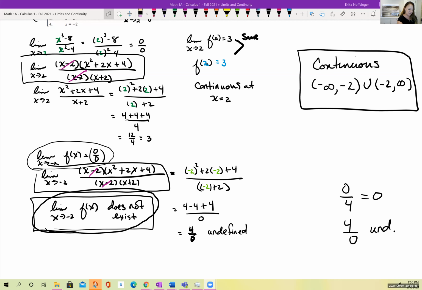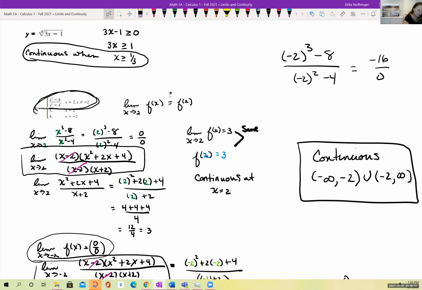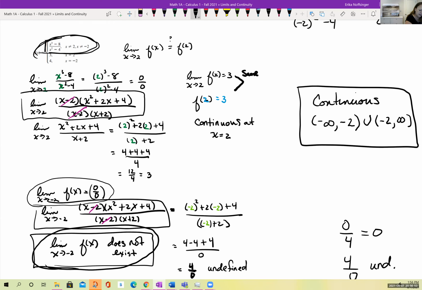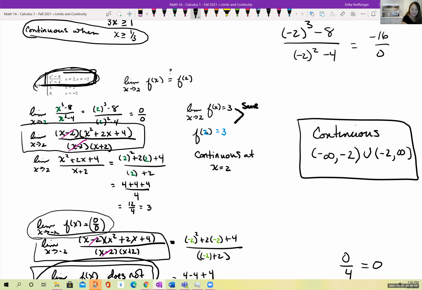Okay, so I did make an error and there was a great question. If we went in and we plugged in -2 wherever we saw an x in this function right here, x cubed minus 8 all over x squared minus 4, well, -2 cubed is -8, minus 8 is -16 over 0. I was just assuming that it was 0 over 0, but it wasn't. It was -16 over 0.